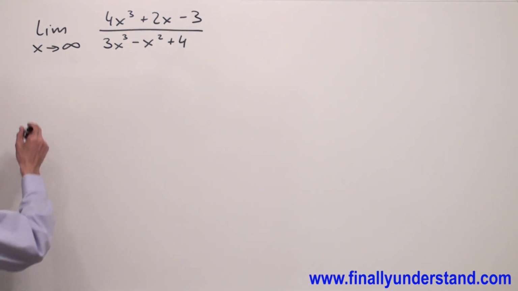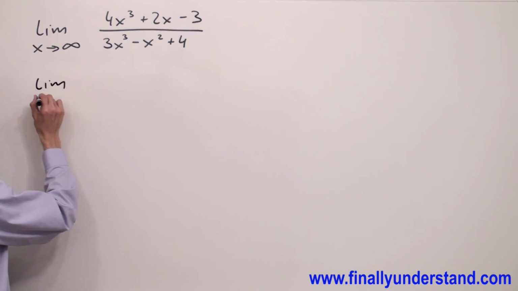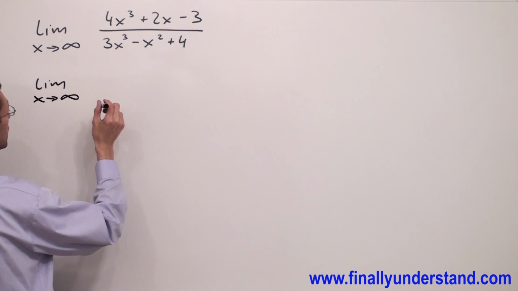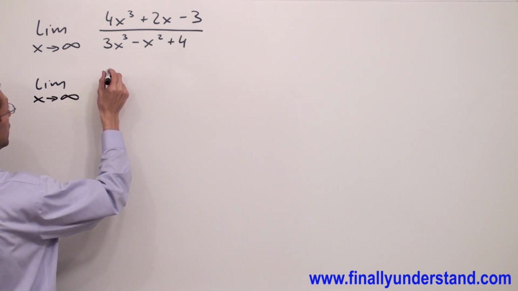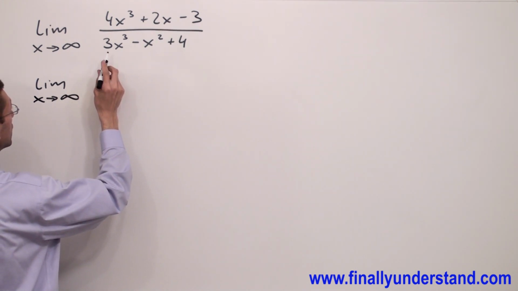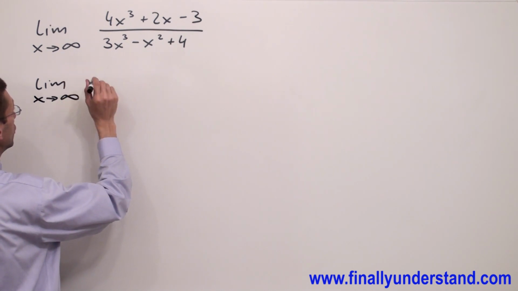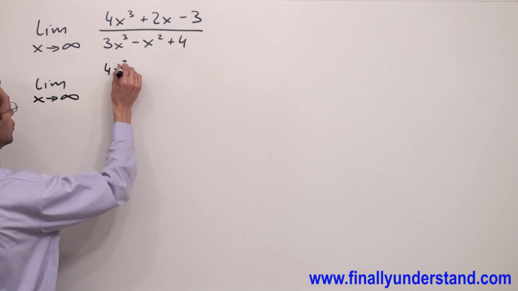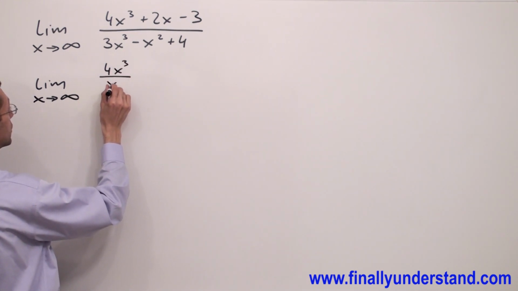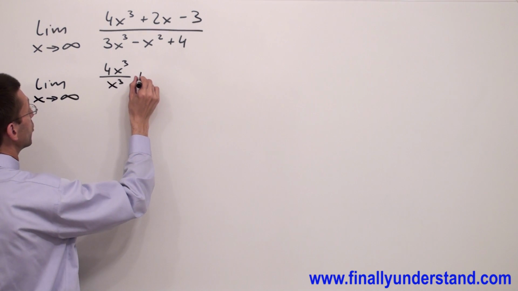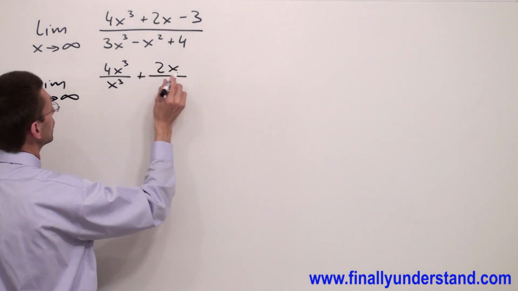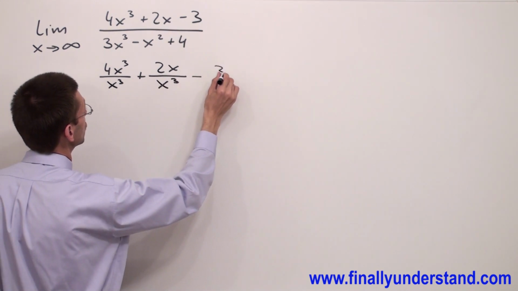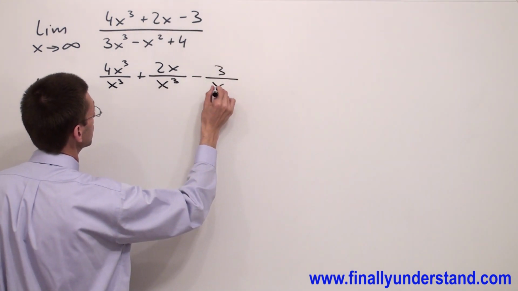variable. That's why I'm going to have limit with x approaching infinity, or x going to infinity, and simply divide every single term by x to the third. I have 4x to the third over x to the third plus 2x over x to the third minus 3 over x to the third.